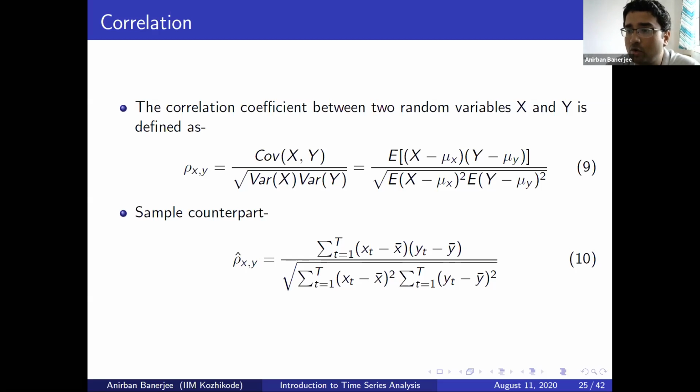The square root of variance of x is the standard deviation of x, and the square root of variance of y becomes the standard deviation of y. So covariance divided by the product of standard deviations. If we want to put it in terms of expectation, this is what equation 9 looks like: expectation of x minus mu x multiplied by y minus mu y.